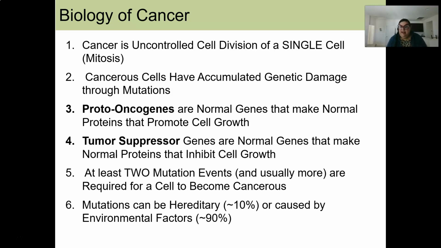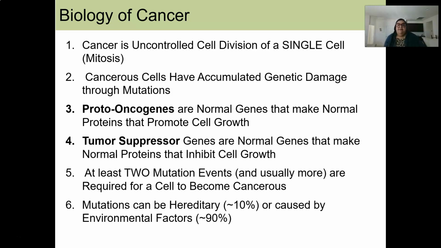So if we got a cut and our cells were filling up that cut, at some point we need to tell the cells that's enough. We don't need to fill that cut anymore. So that's where a tumor suppressor gene would come in. A proto-oncogene would say, okay, go ahead, fill that cut. A tumor suppressor gene would say, that's enough, we're done filling the cut. That's how our normal cells would work.